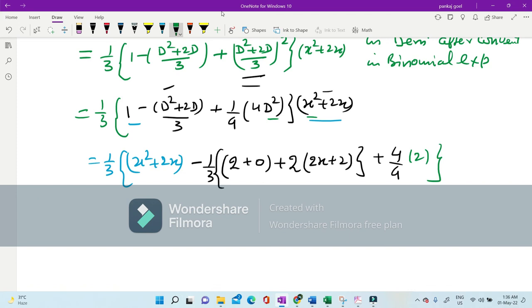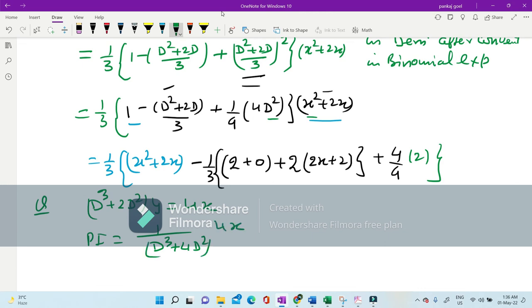Take one more example. Let us suppose y is equal to 1 upon (D cube plus 4D square) acting on 4x.